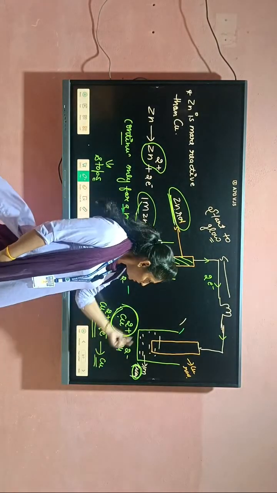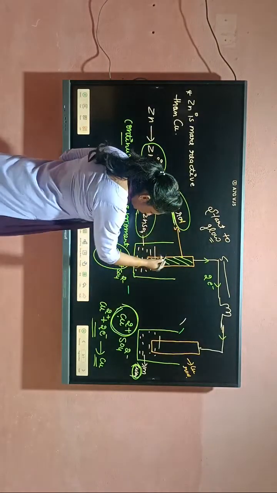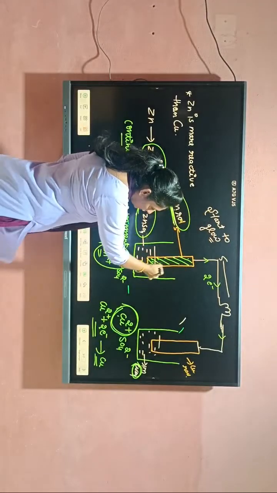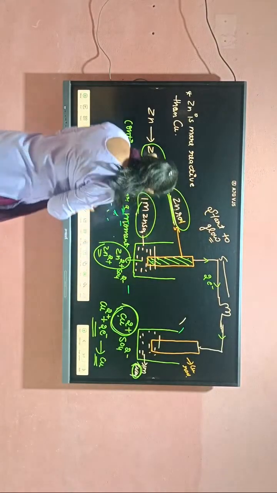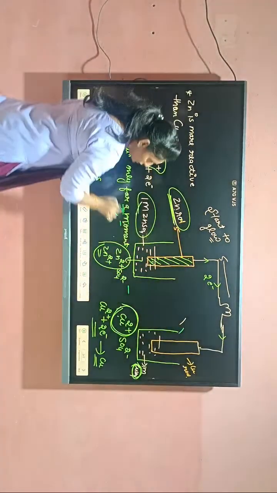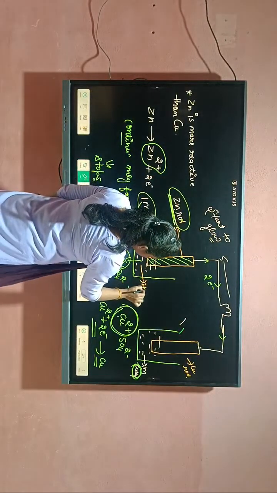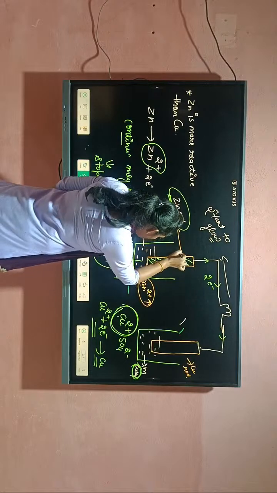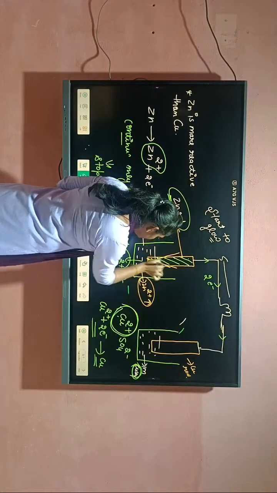Clear? Now what will happen? Continuously, because it is losing its electron, it is converting into the Zn2+ ion. Then students, here the concentration of Zn2+ ions is increasing in the solution, but this rod starts to decay.